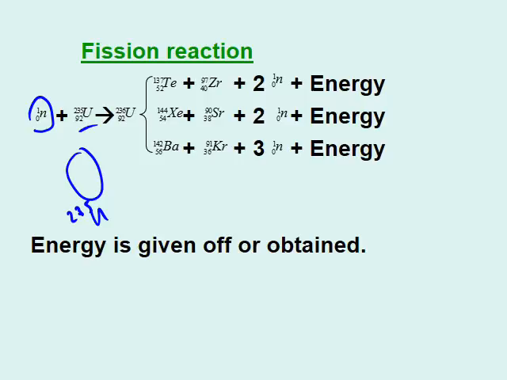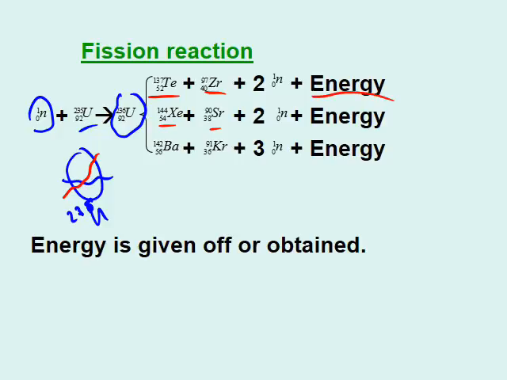First, temporarily, it goes inside and makes 236 because neutron mass is added here. Then that 236 breaks down, and it can break down in several different ways. So one could be like this, another I'm going to use a different color like this. So there are a number of possibilities, and that's why you have variation in the product formation.